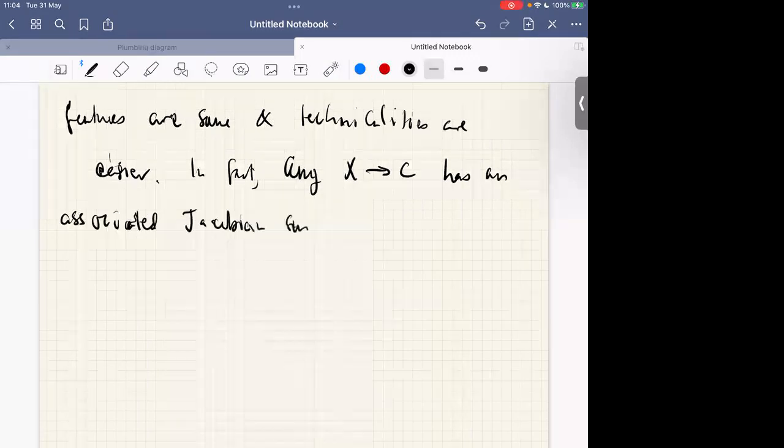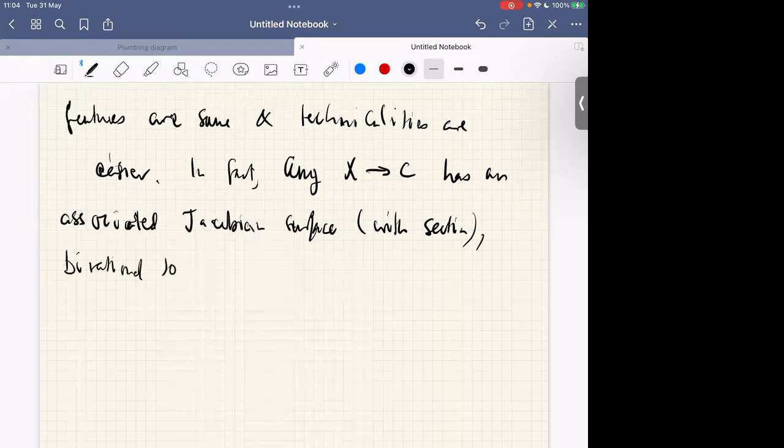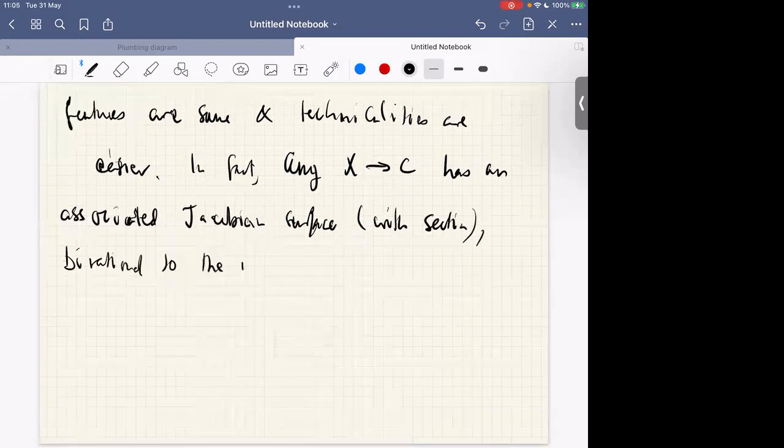Jacobian means with a section, which is the compactification of, or birational to, the relative automorphism group scheme.